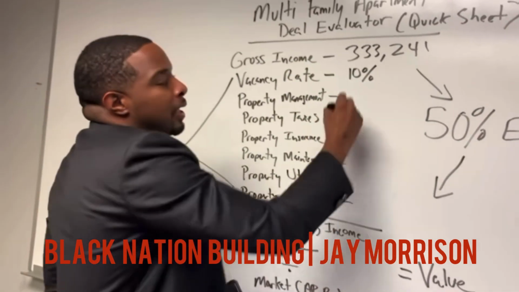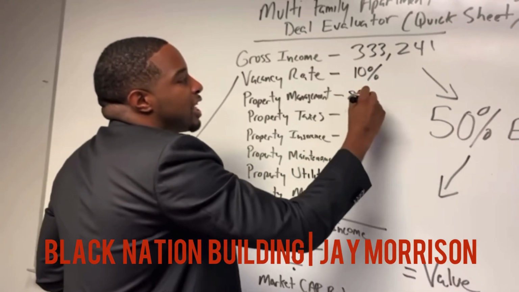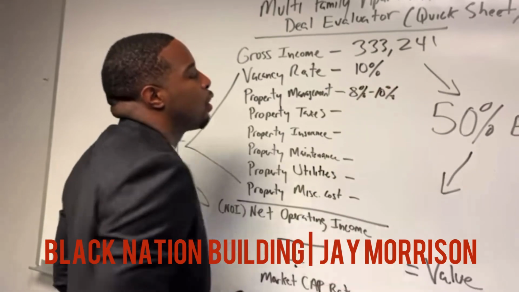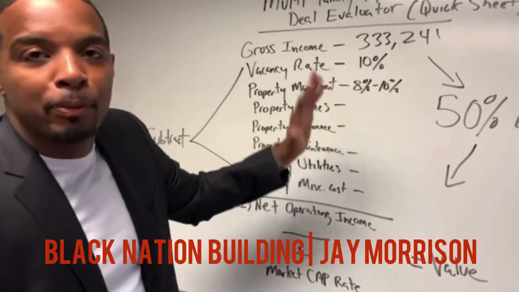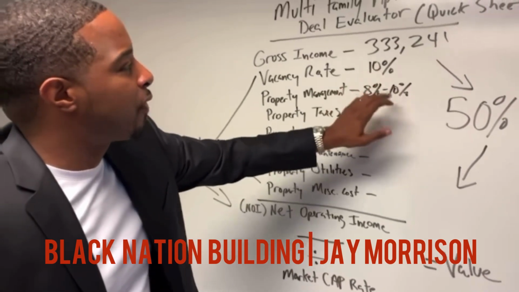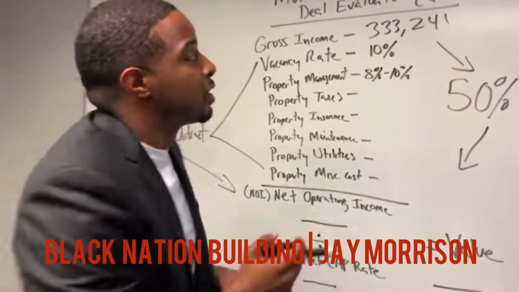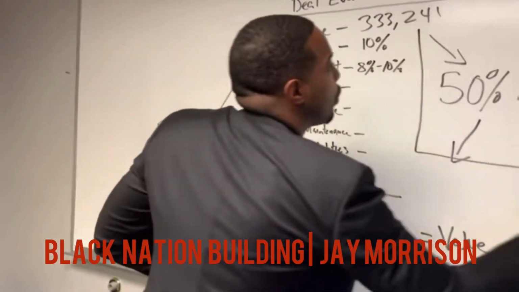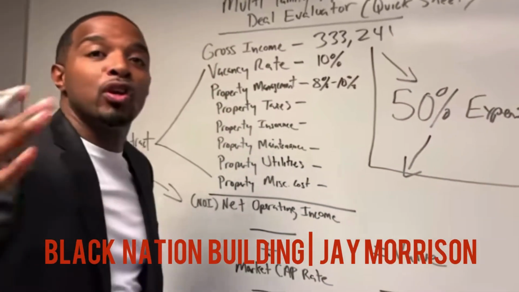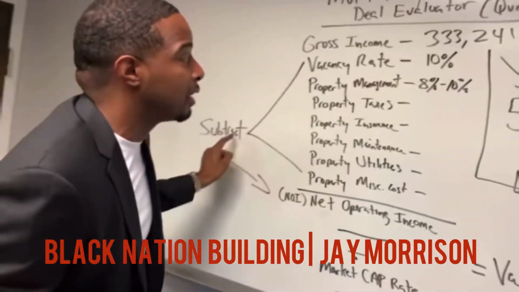Property management on these assets could be anywhere from 8% to 10%. You might get it lower or higher, but around 10%. So we know 20% between our vacancy rate and our property management. Again, this is not including the 50. This is separate. The 50 is the quick way, but in a real-life scenario, you would itemize every single expense and subtract it.